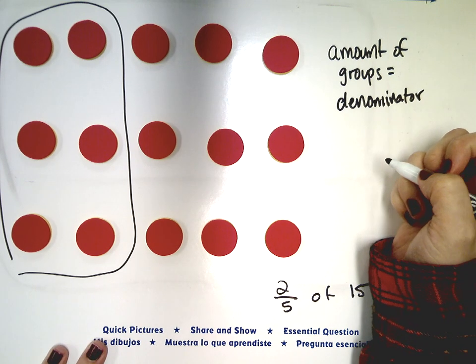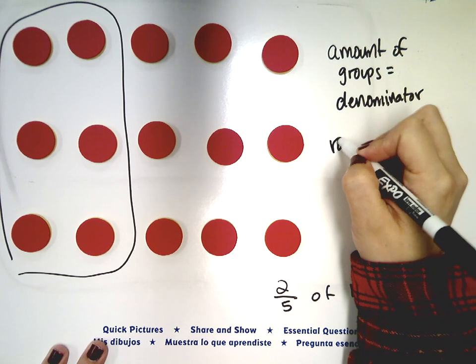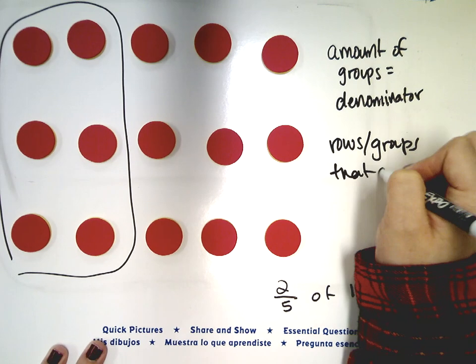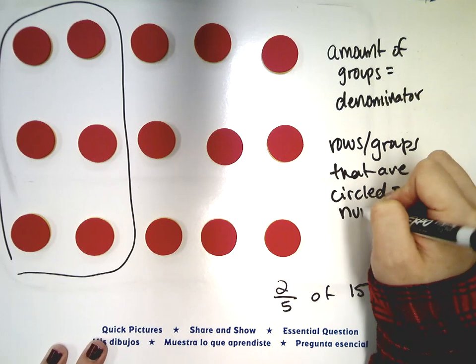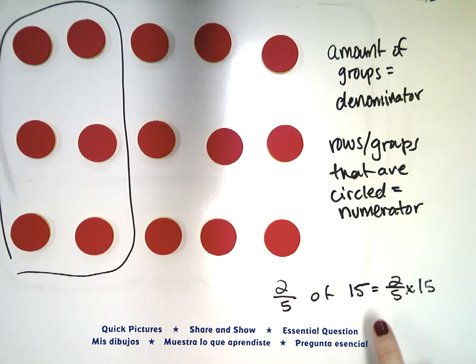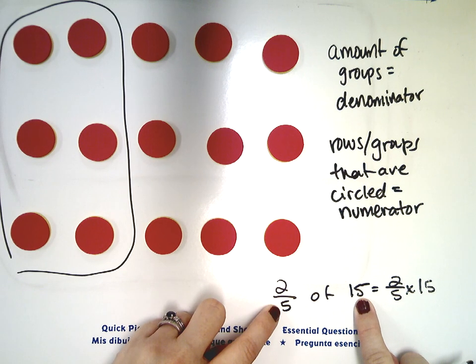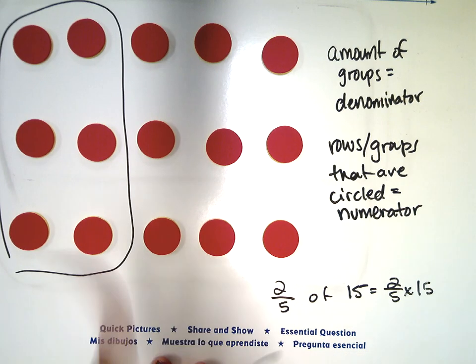My rows or groups that are circled is my numerator. Think of it as dividing this number by your denominator, and then circling the amount of the groups total is that numerator, okay? Do we understand? I feel like it's pretty simple and straightforward.